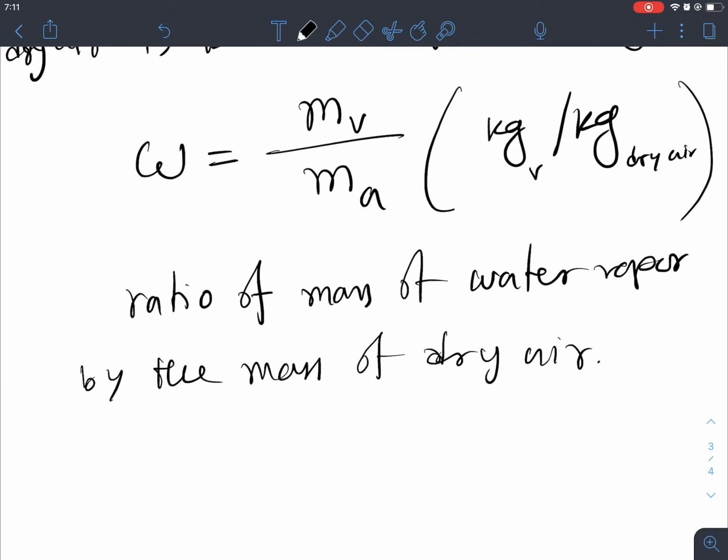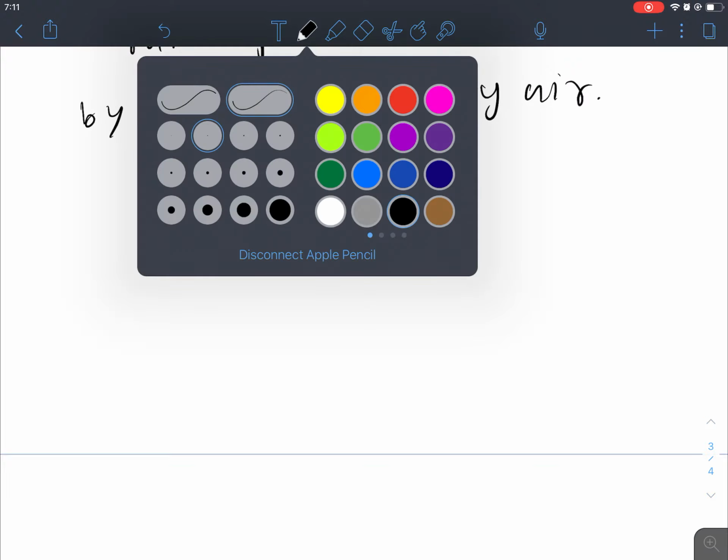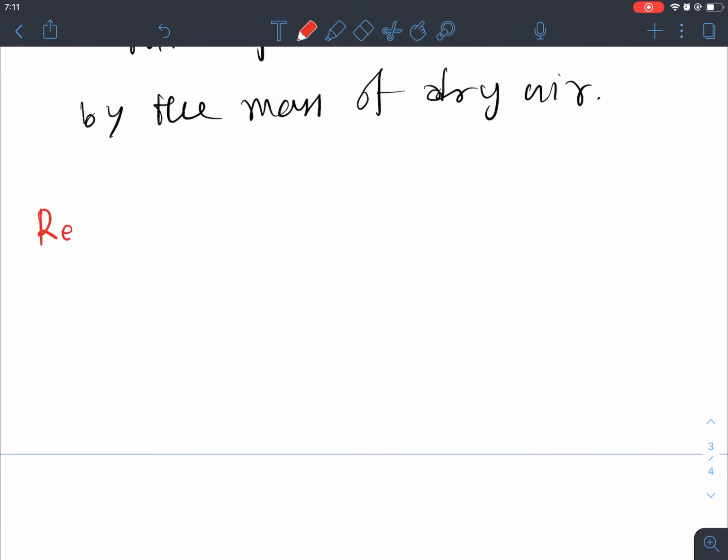So there is another definition, which is called the relative humidity.